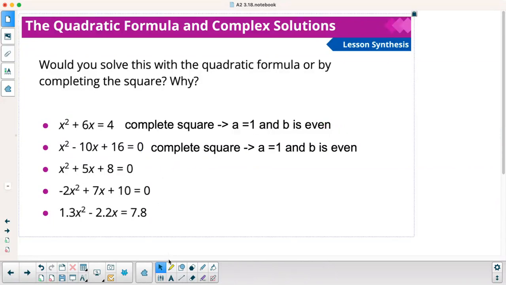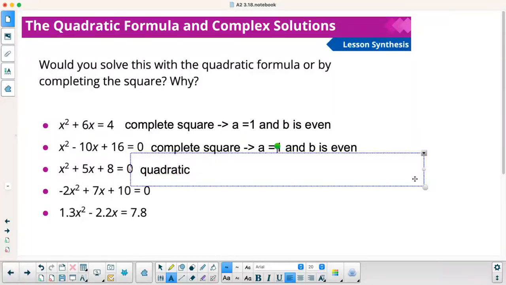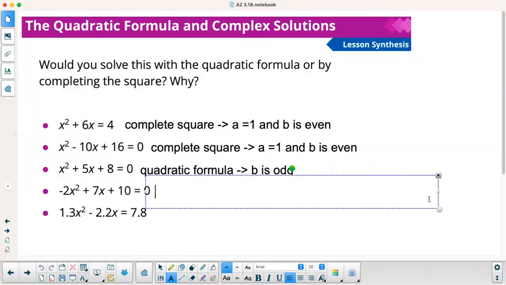The next one, I'm probably going to go quadratic formula because b is odd. This one could go either way, really, depending on how good you are with your fractions and stuff. This one, definitely quadratic formula.